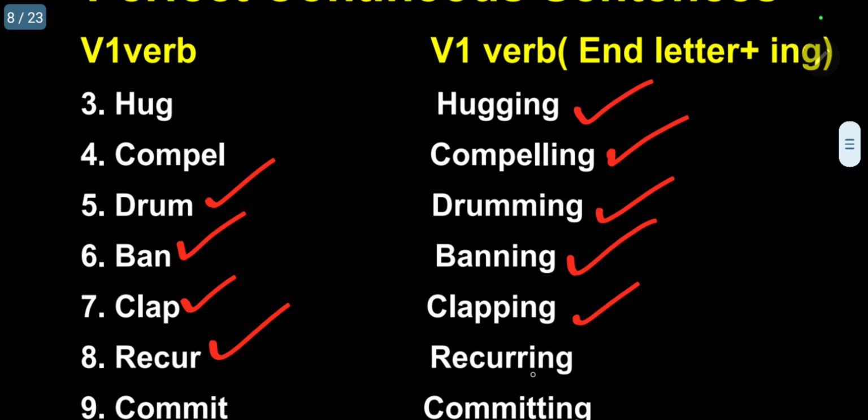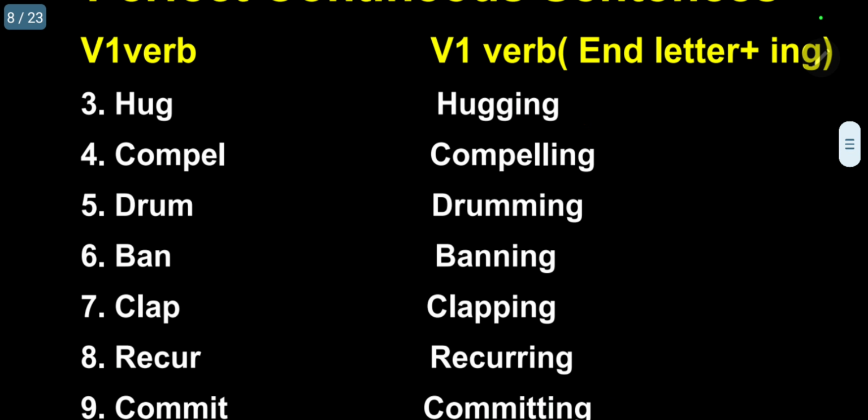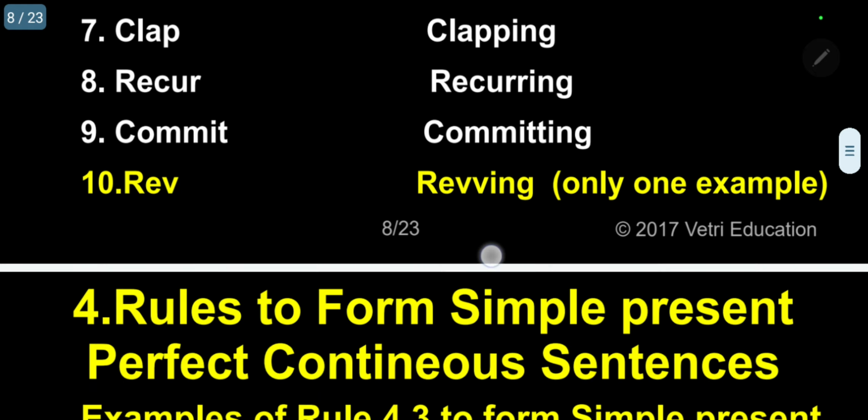Recur, recurring, R-I-N-G. Commit, committing, T-I-N-G. So in all these 9 letters, we have to double the end letter, then add ing, in the case of the present perfect continuous sentences that we are forming.